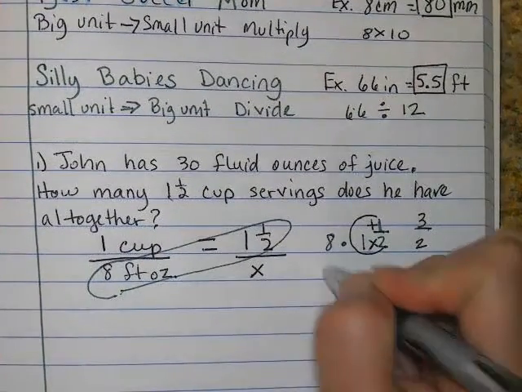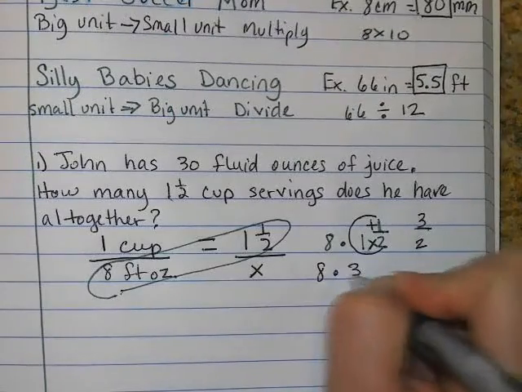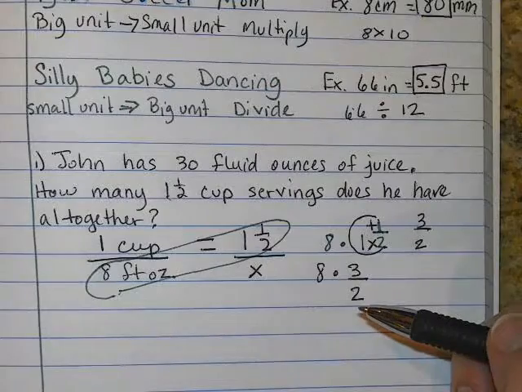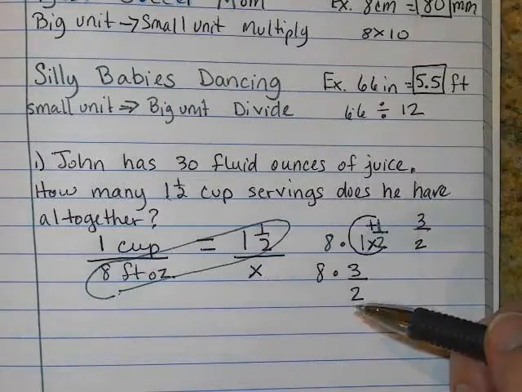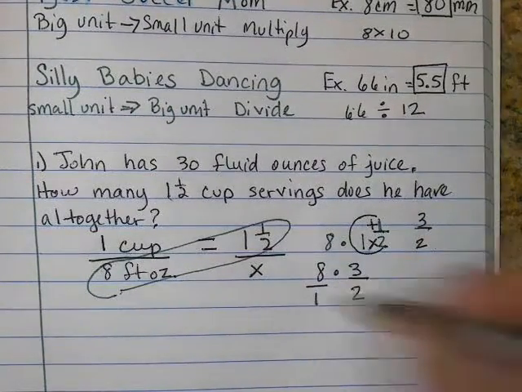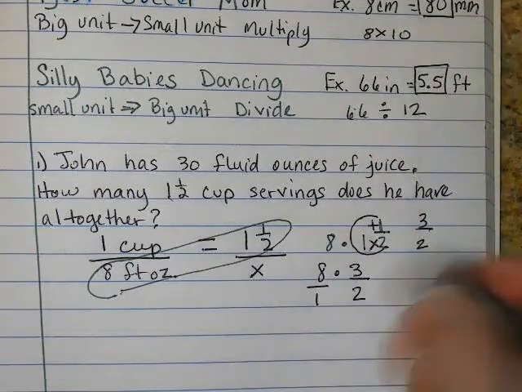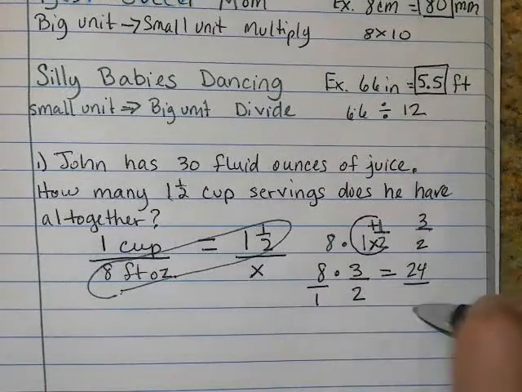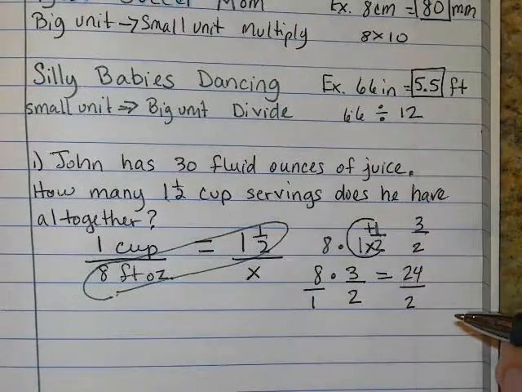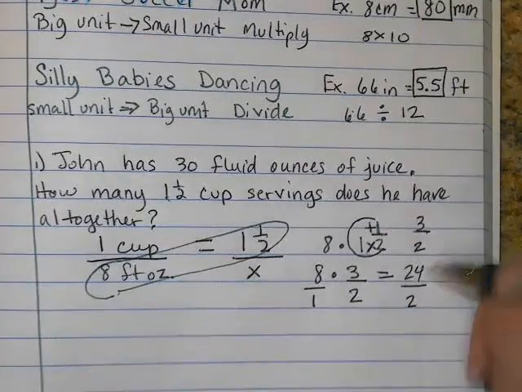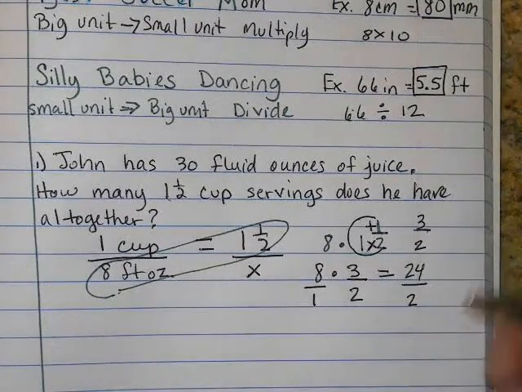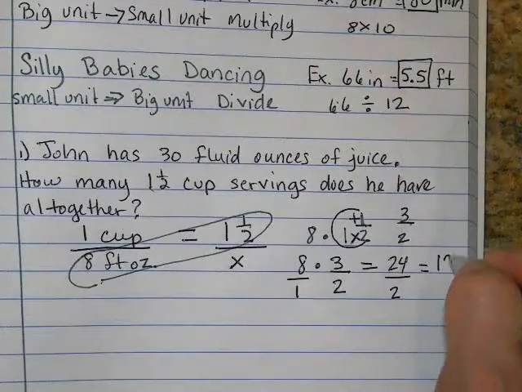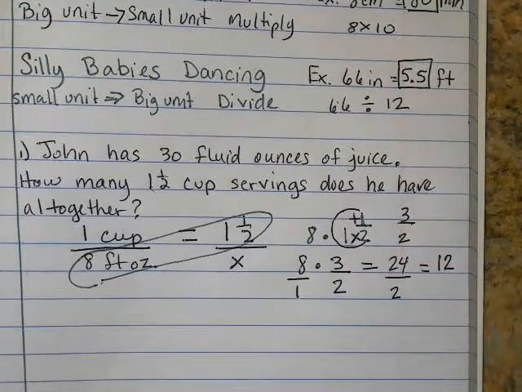So now you're going to take 8 and multiply it by 3 halves. And remember, whenever you make a whole number a fraction, you just simply put a 1 underneath it, right? You guys remember that? Now you can easily multiply a fraction straight across. 8 times 3 is 24. 1 times 2 is 2. Now you have your improper fraction, and 24 divided by 2, we can't leave that as an improper fraction. Half of 24 is 12. So you have 12 fluid ounces.